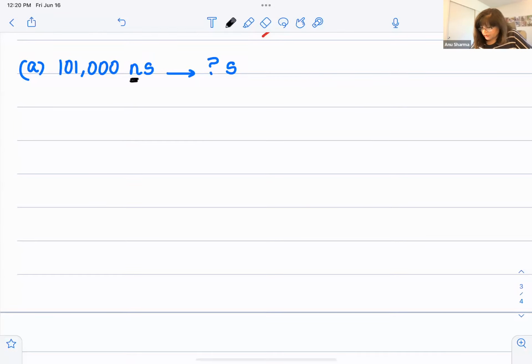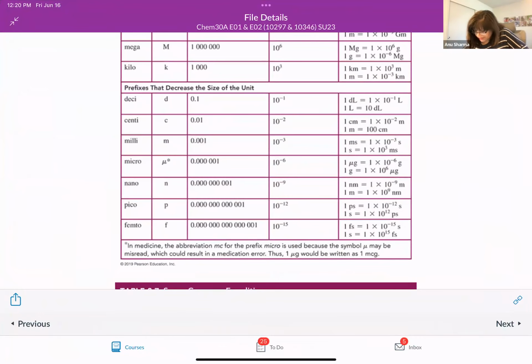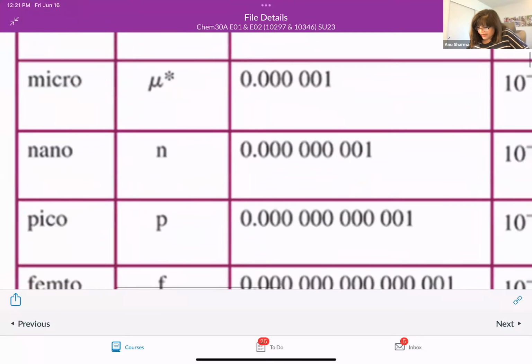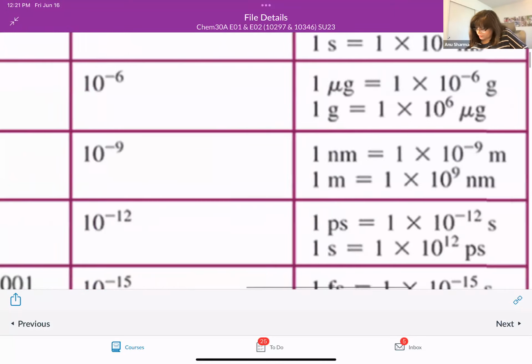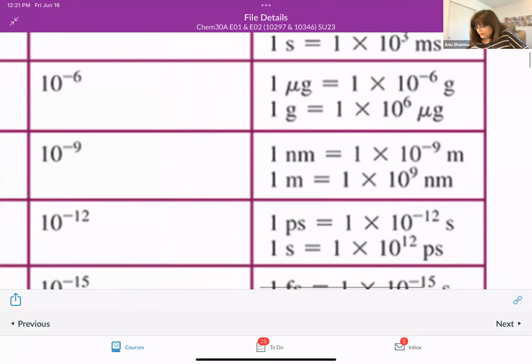Back to that table, nano is the letter n, and 10 to the power negative 9. That means you're going to take the 1 second and multiply it by 10 to the power 9.